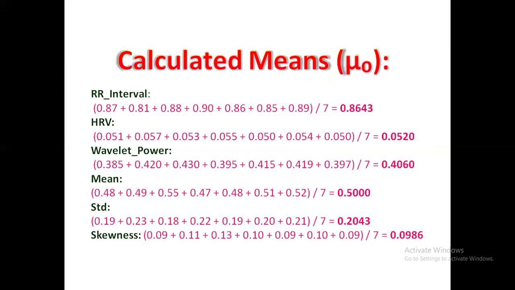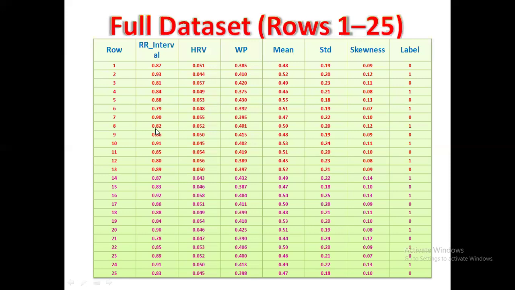And we are calculating the mean value. The mean value is mu naught. So we start with the training set RR interval. Here we are splitting the 13 rows into normal and abnormal cases.